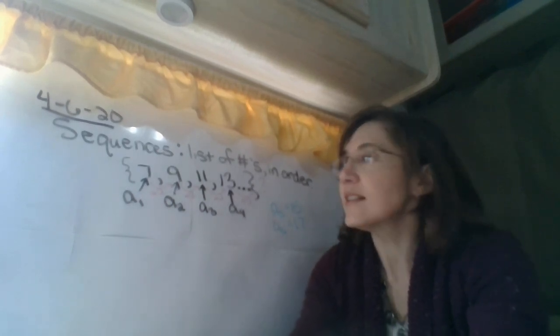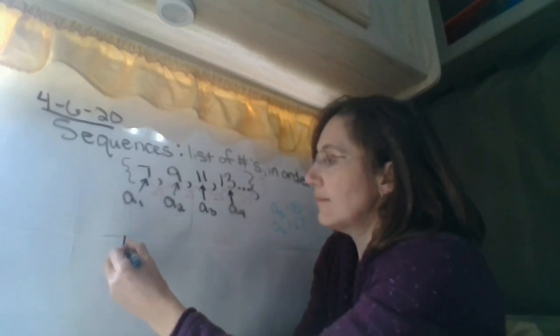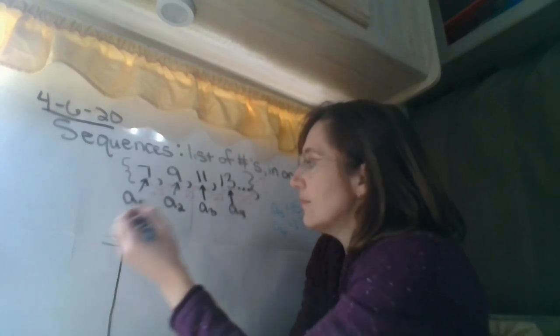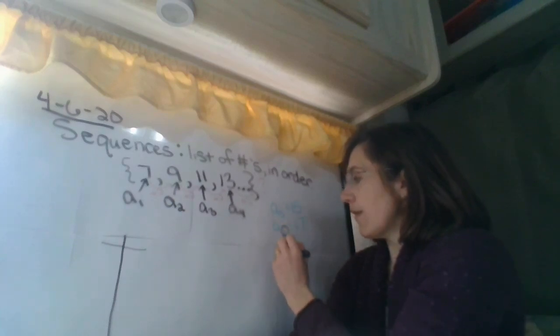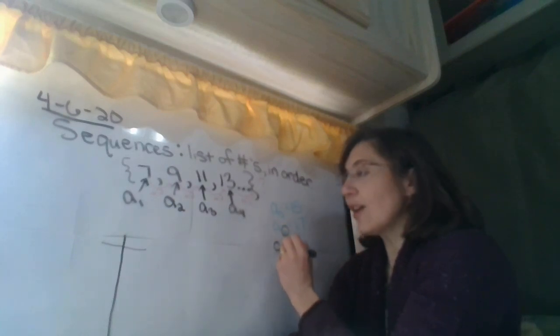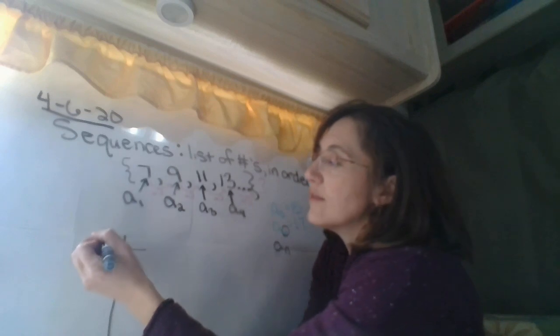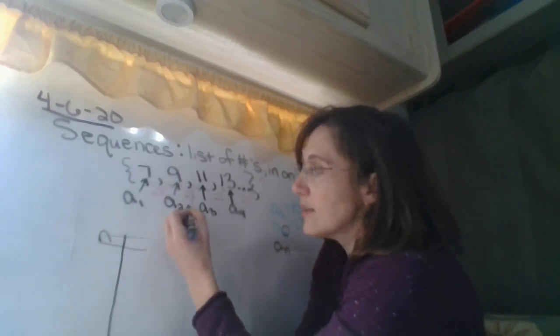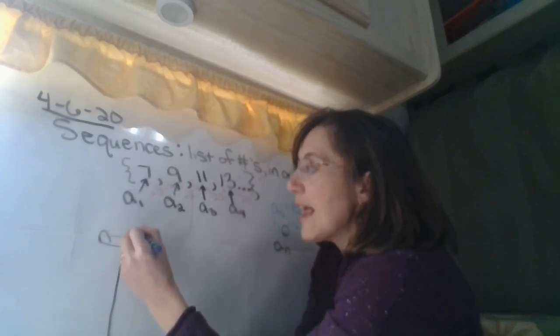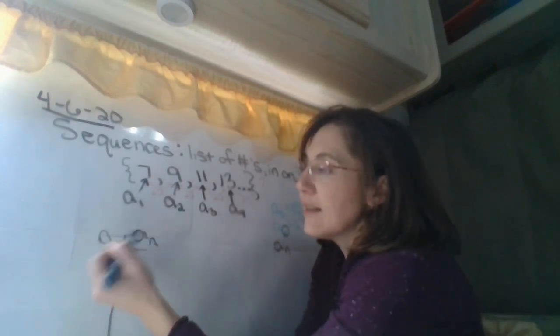You can kind of think of this like a function. So whatever term I'm looking for, if I'm looking for some unknown term, we can call that A sub n. I should have said that. So n tells you what term you're on. That's what the subscript is. And A sub n is the value of the sequence.